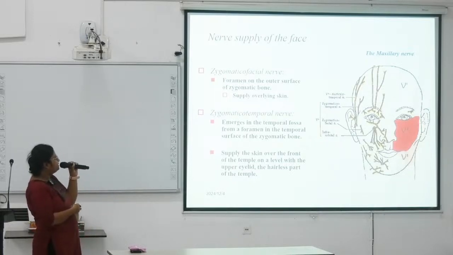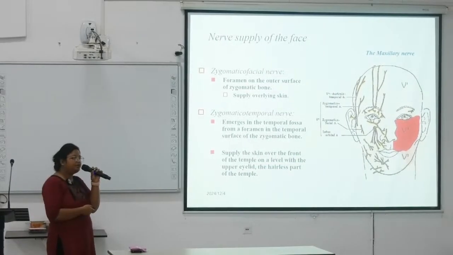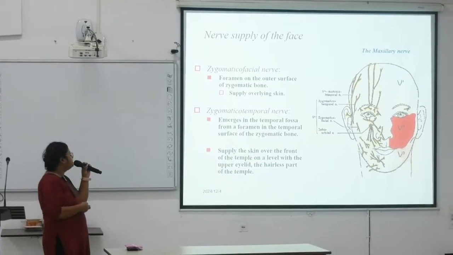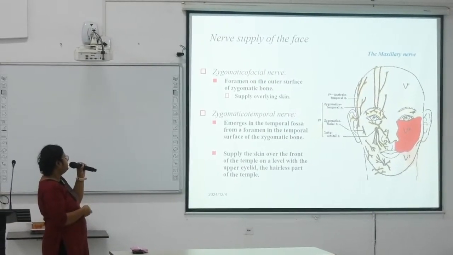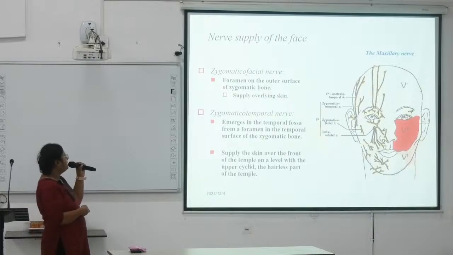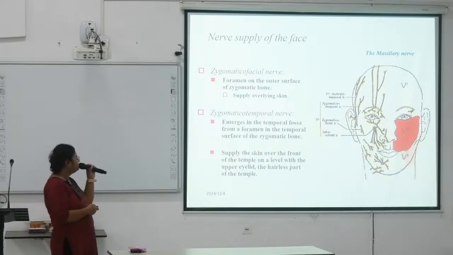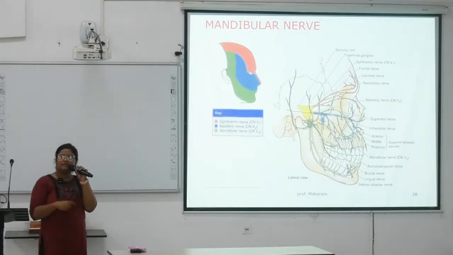It emerges in the temporal fossa from the zygomatic bone and supplies the skin over the front of the temple, on a level with the upper eyelid, and the hairless part of the temple. So we have discussed the three divisions of the maxillary nerve.